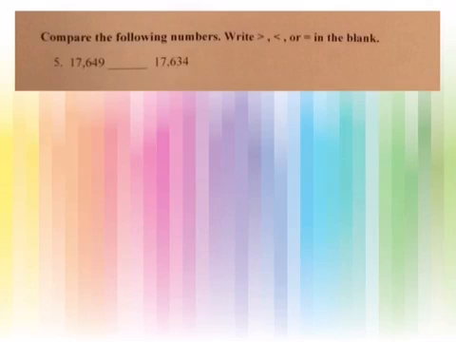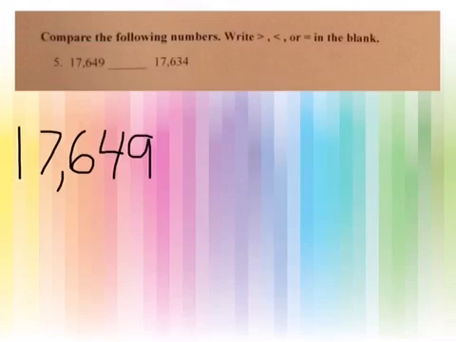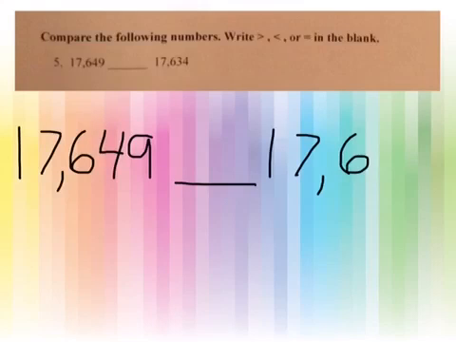Okay, on to question number 5. Compare the following numbers. Write a greater than, less than, or equal to in the blank. So I'm looking at these numbers, and I think I'm going to write them a little larger here for us. 17,649 and 17,634.